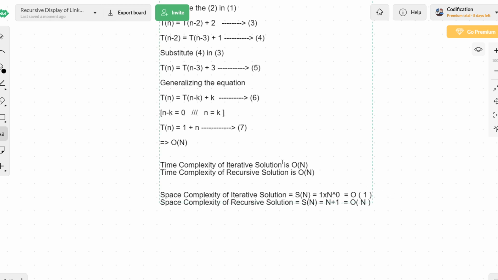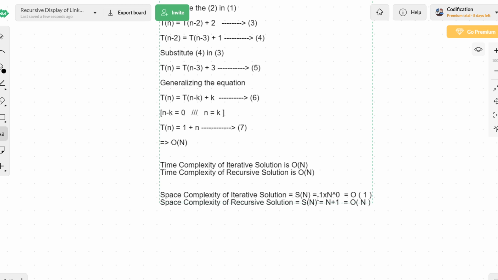Now compare the iterative solution and recursive solution, which will become the efficient one? I think comparatively, the iterative solution is efficient. The time complexity is order of n for both iterative and recursive, so time complexity is balanced.